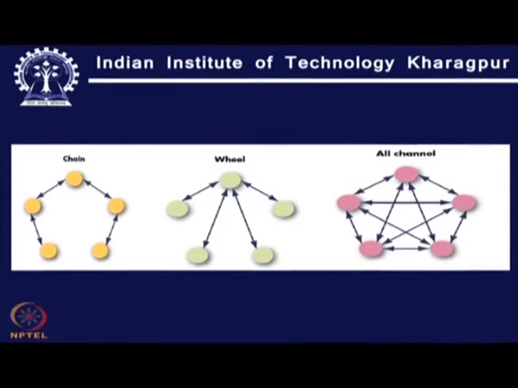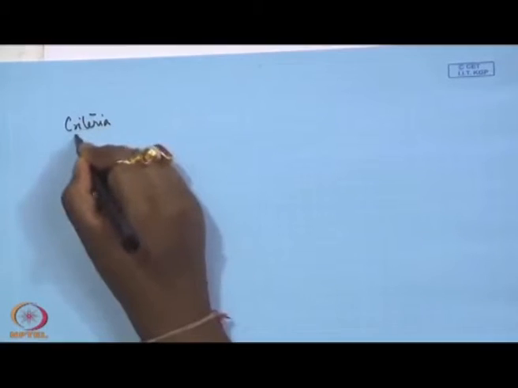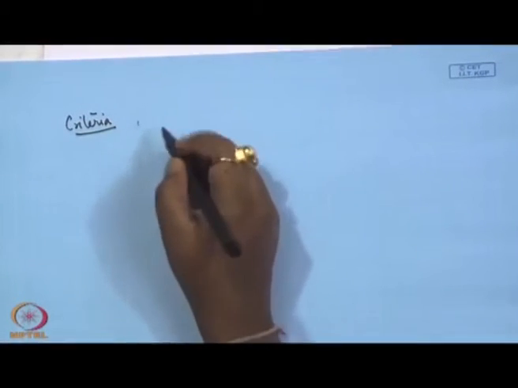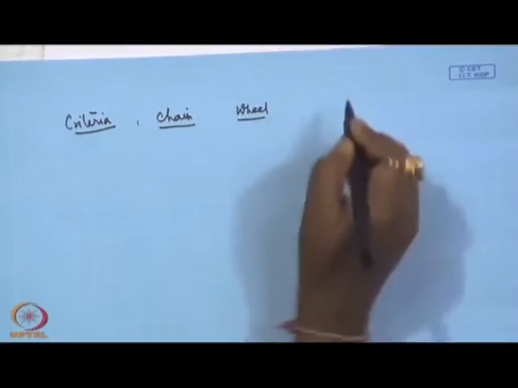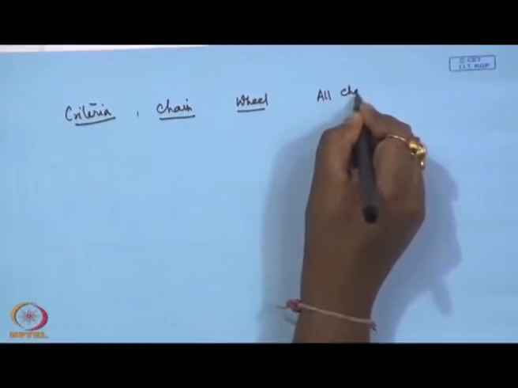So what we may try to do over here is to classify these modes of communication based on certain criteria. We can take it over here: the chain, the wheel, and all channel.